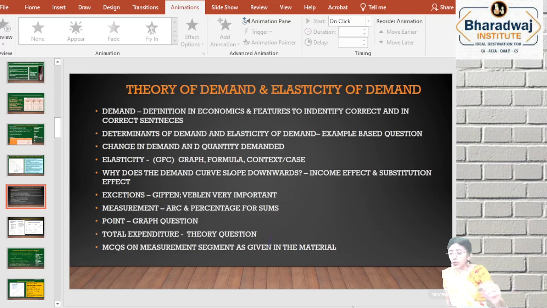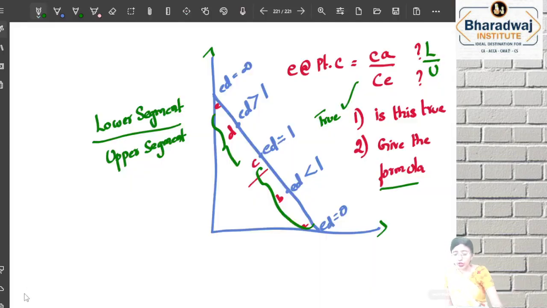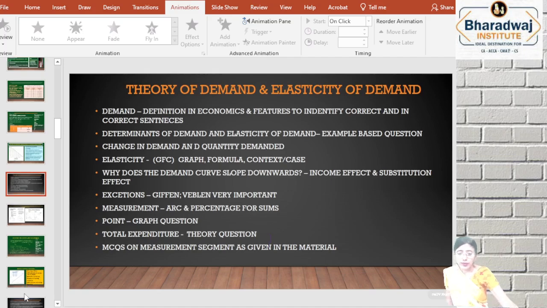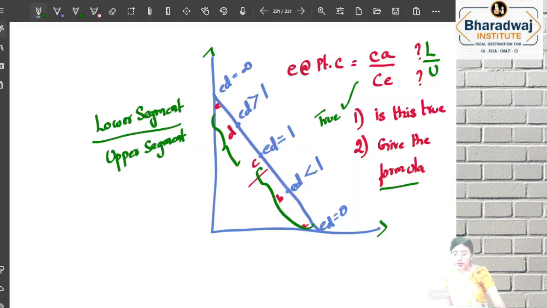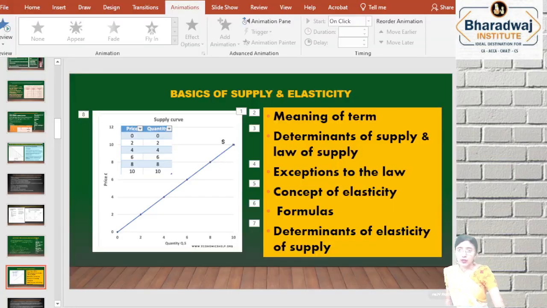So all this you remember, and now we are entering our favorite and most beautiful topic, which is supply. Which chapter? Next chapter. It is lesson number 6.